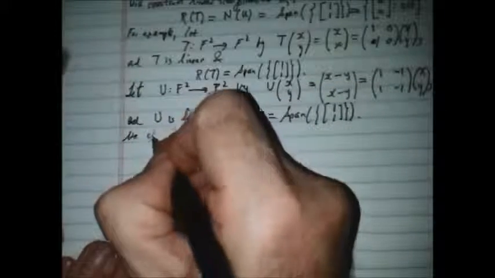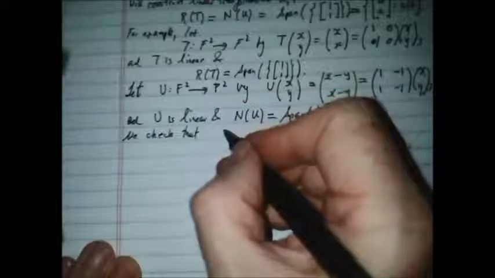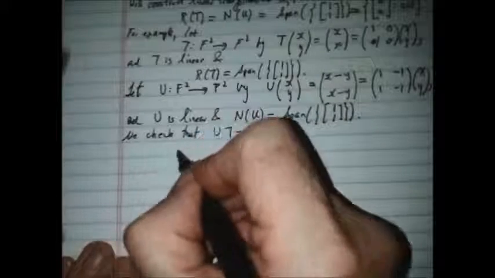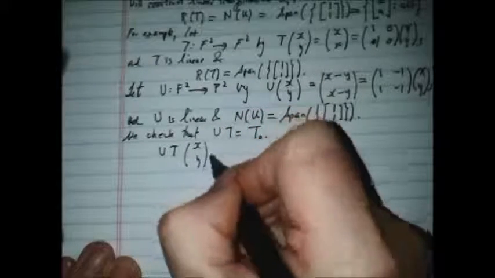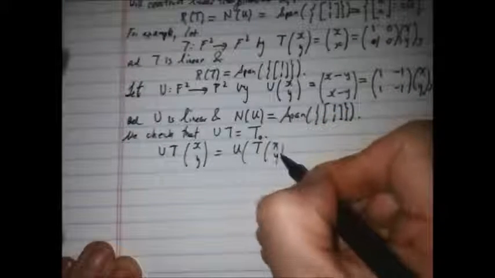Okay, now we can check that this works. We check that UT is the zero transformation. So we look at UT of (x, y), which is U of T of (x, y).